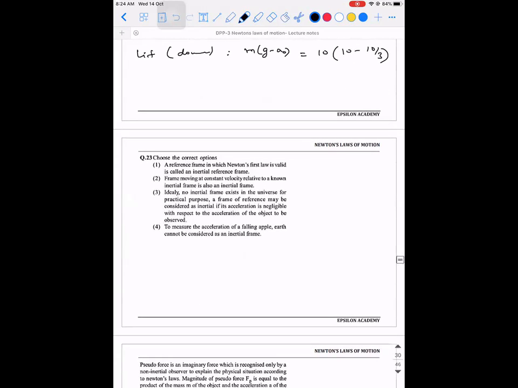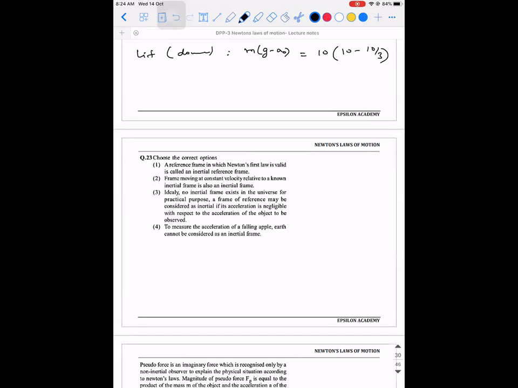Now you people tell me what is the answer for 23rd. Choose the correct options. So first one, is it right?